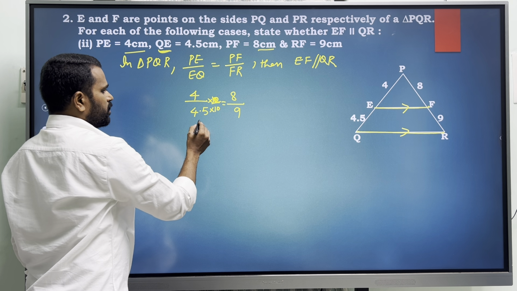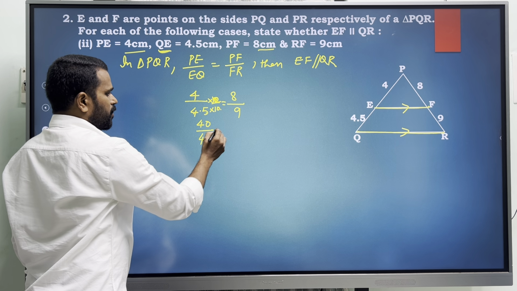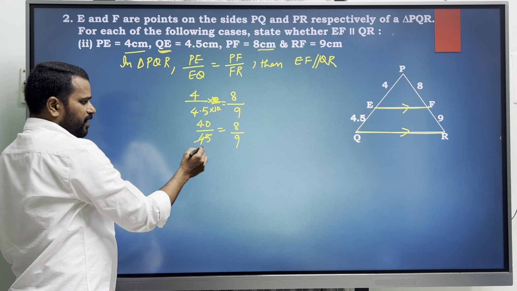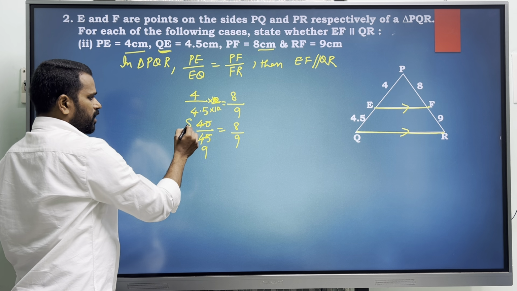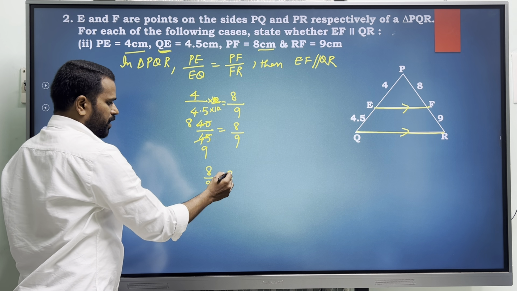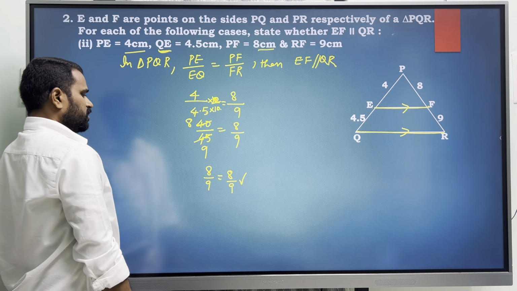So 4 into 10 is 40, 4.5 into 10 is 45, which is 8 by 9. This side, PF by FR, is also 8 by 9. The ratios are the same.